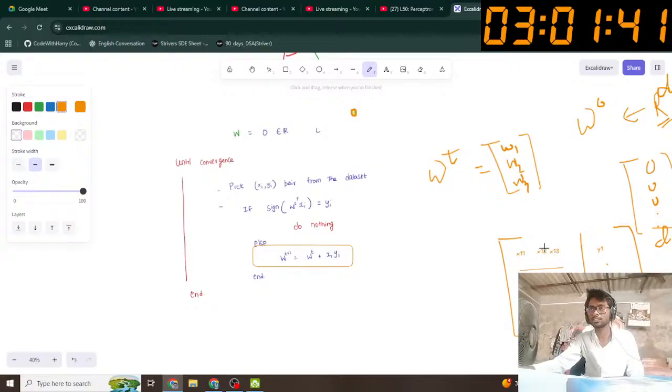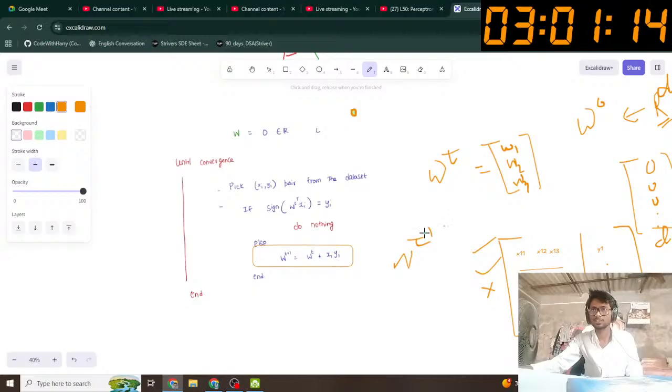Because we have three features, and in general, these three could be d. That's all. So this wt is making correct predictions for this and for the second label, but it turns out that it makes a wrong prediction in this case. Then what we will do is, we will use this formula and update this wt to wt plus 1.